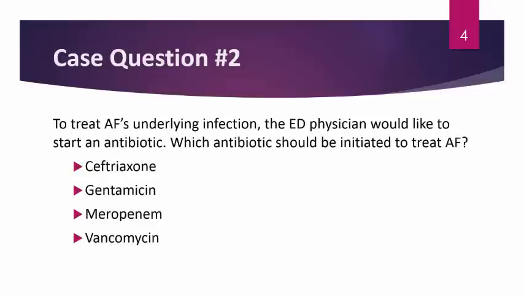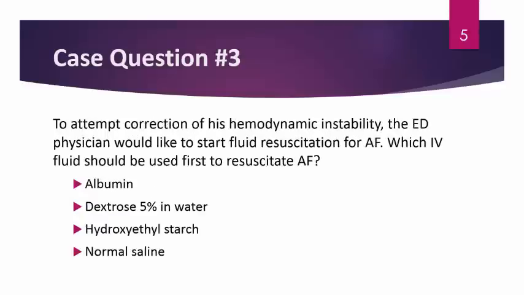Following AF's case, to treat AF's underlying infection, the ED physician would like to start an antibiotic. Which antibiotic should be initiated to treat AF? Is it ceftriaxone, gentamicin, meropenem, or vancomycin? The last question for AF is to attempt correction of hemodynamic instability.